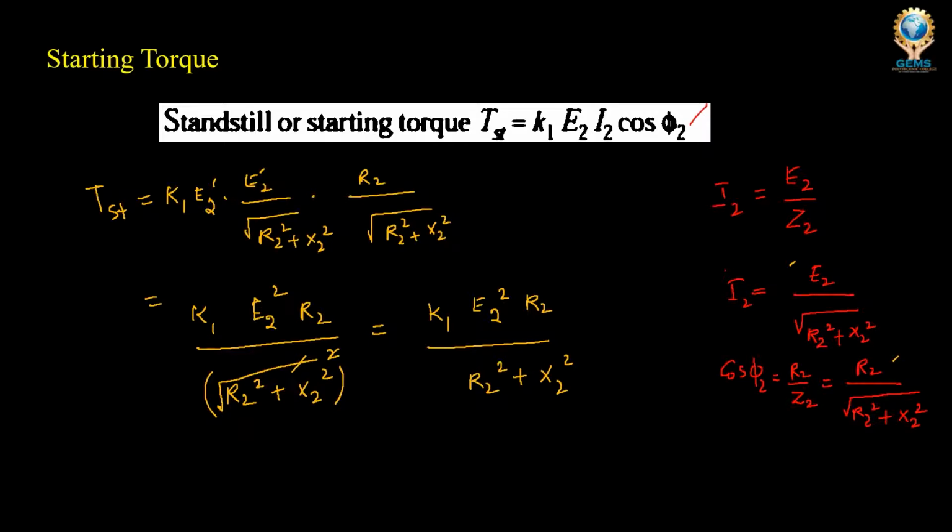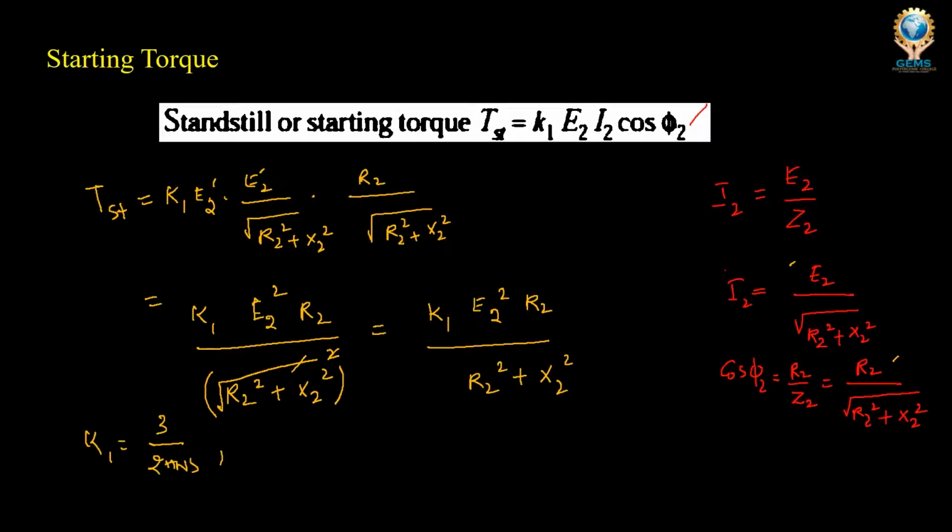If suppose, okay, we will come to that later. Here we are going to apply the constant value. The constant K1 value equal to 3 divided by 2 pi ns.